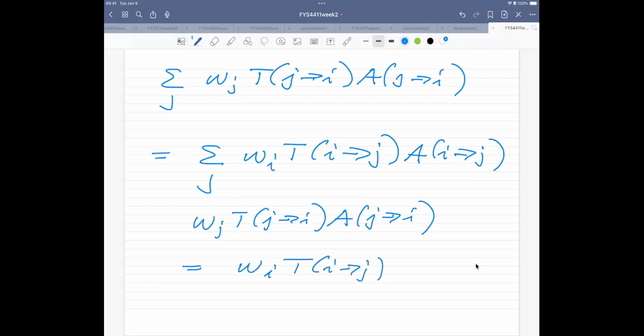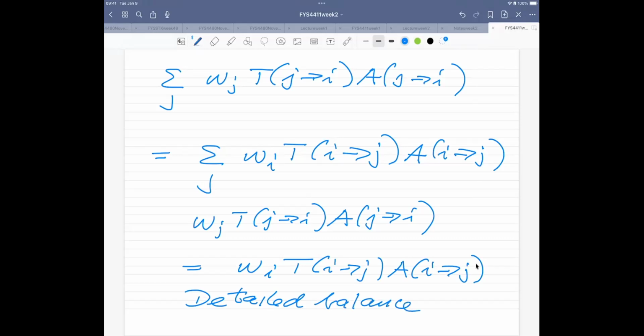So we're just setting an equality inside the summation signs. And this is normally called detail or condition balance. And this is the starting point for the derivation of the Metropolis algorithm. So let's just frame that in here. So this is the equation which we are going to look at.